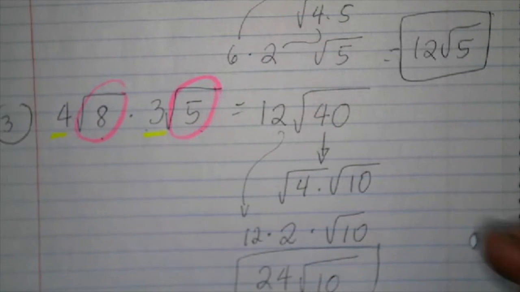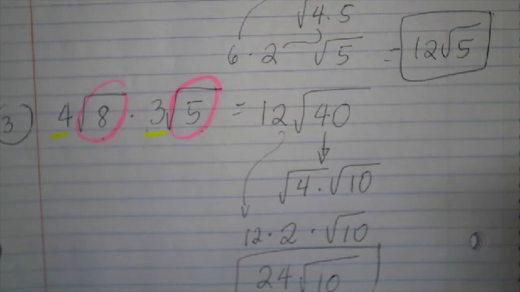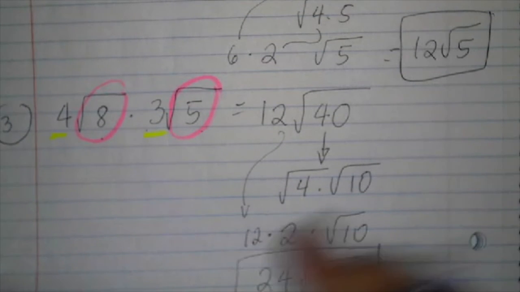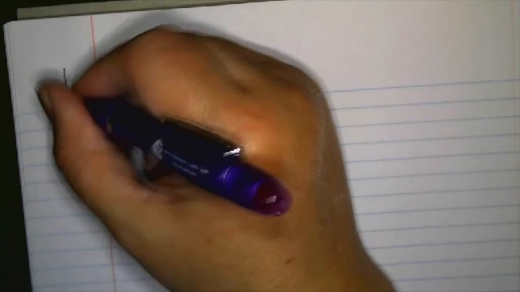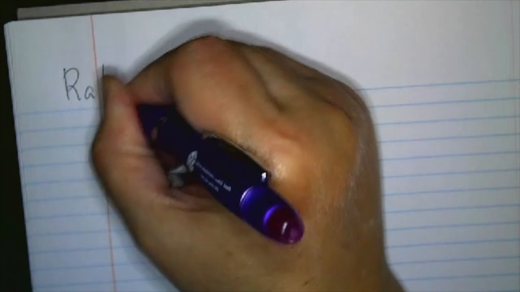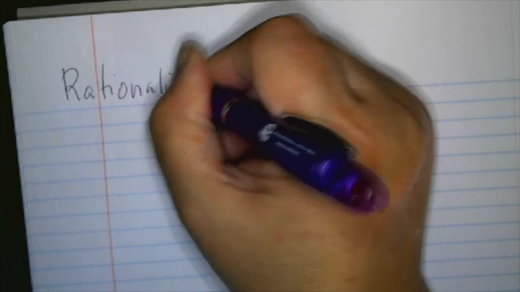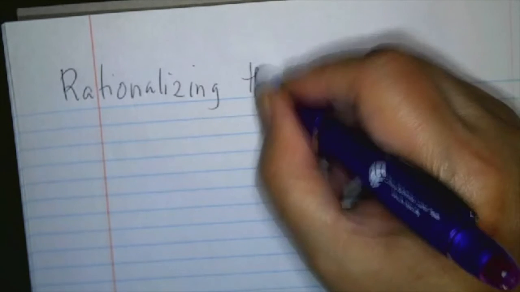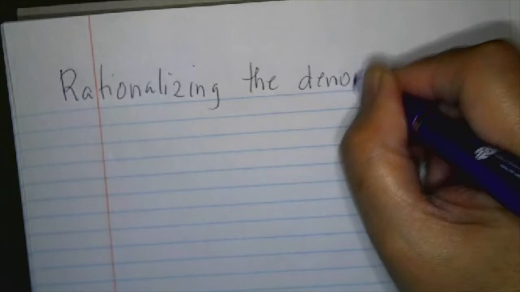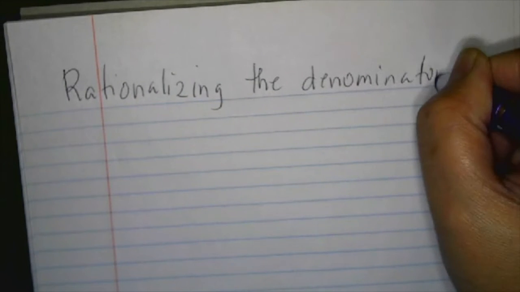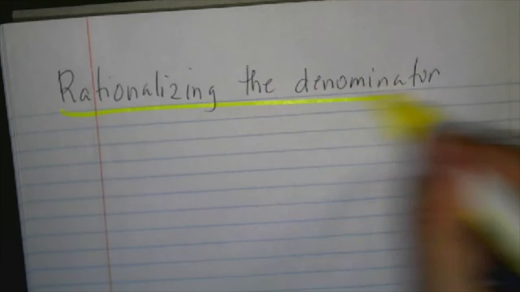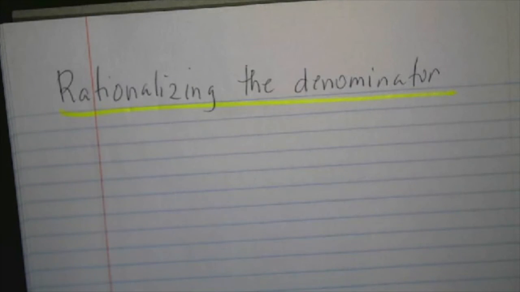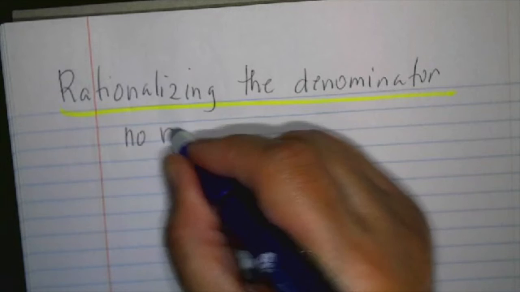Okay, that's simplifying. The last part that I'm trying to review, which is useful when you go back and look at special right triangles, is rationalizing the denominator. When we talk about rationalizing the denominator, we will not have a radical on the denominator.